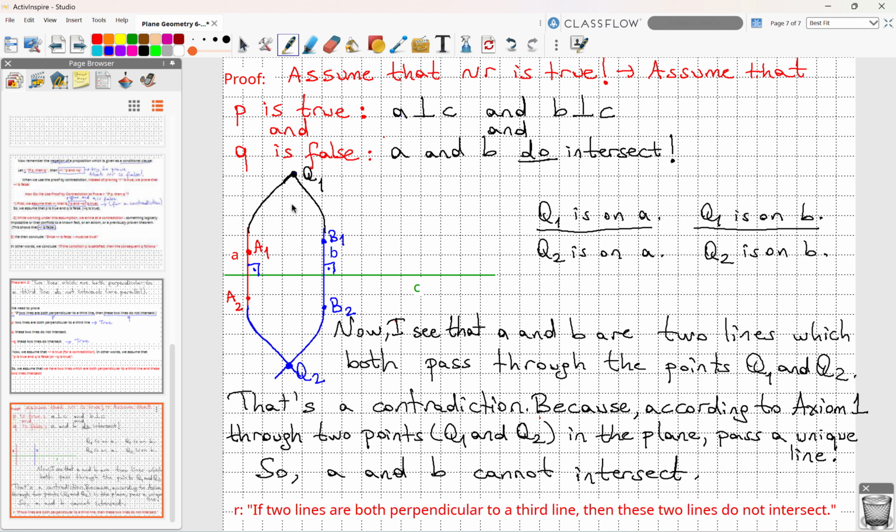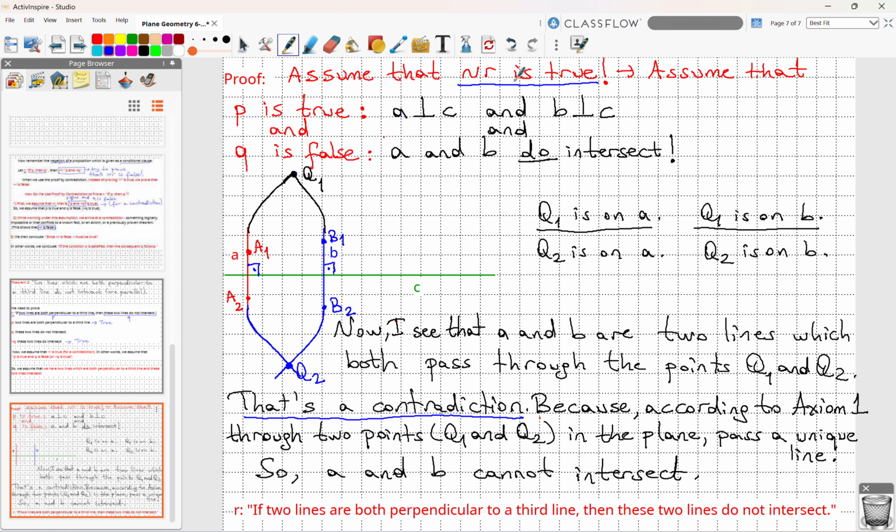So through point Q1 and Q2, we have only one single line passing through these 2 points. But I see two different lines, A and B, passing through the same 2 points, Q1 and Q2. That's a contradiction. This contradicts a known fact, that's our axiom number 1. That's why it means that our assumption here is false.